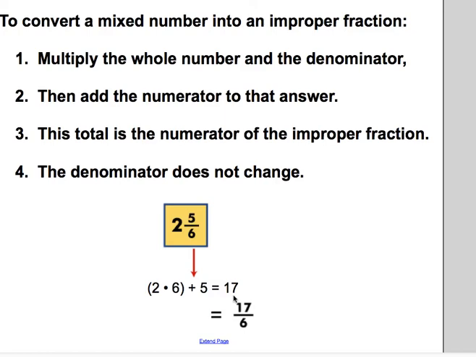That 17 becomes the numerator of your improper fraction, and the denominator stays the same. So if it's a 6 here, it stays a 6 here. Make sure you have all of this copied down before you resume the video.